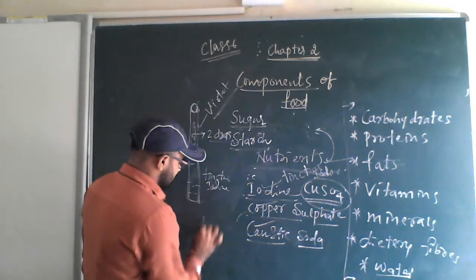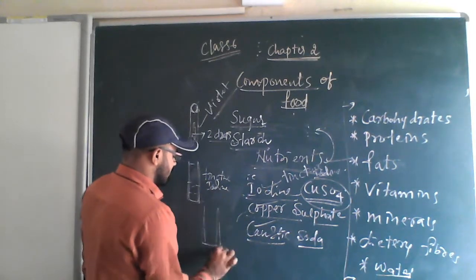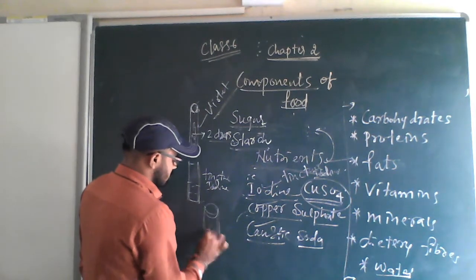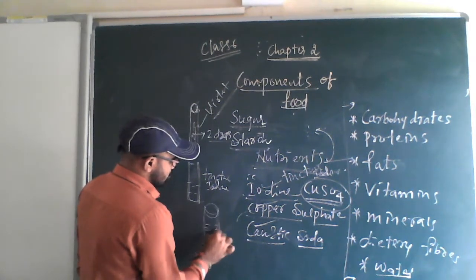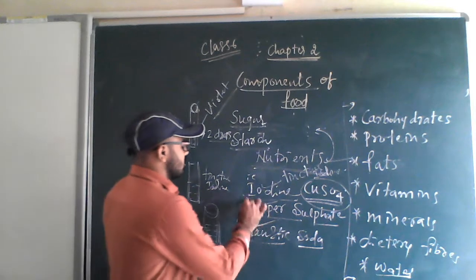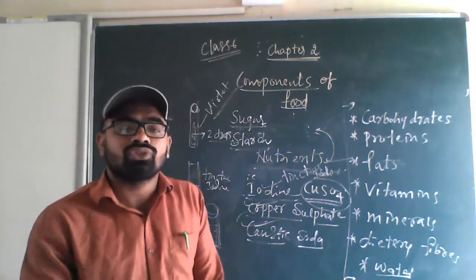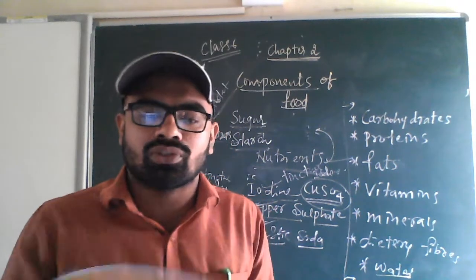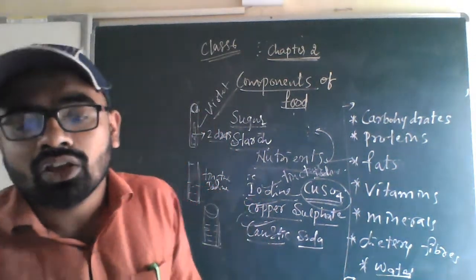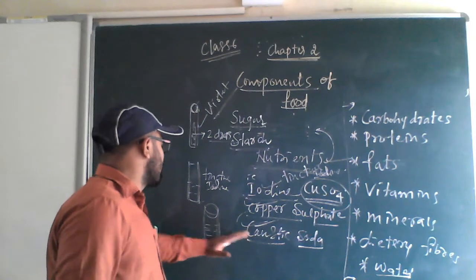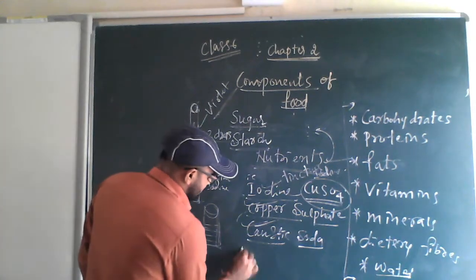Copper sulfate solution, same thing: copper sulfate and water should be taken in a test tube. Caustic soda is also the same. This is already present on page number 9. Ten gram of caustic soda should be added to 100 ml of water.